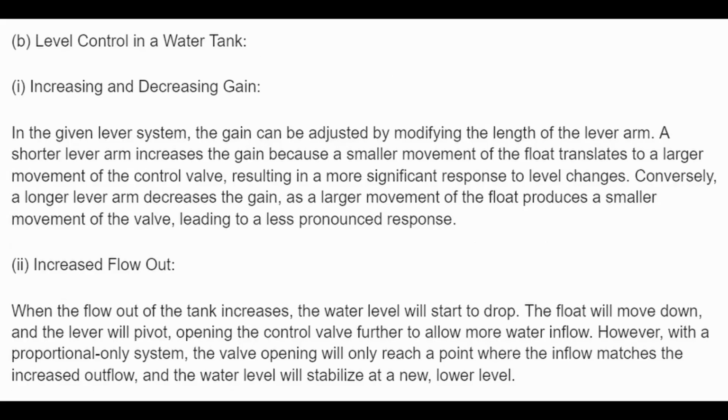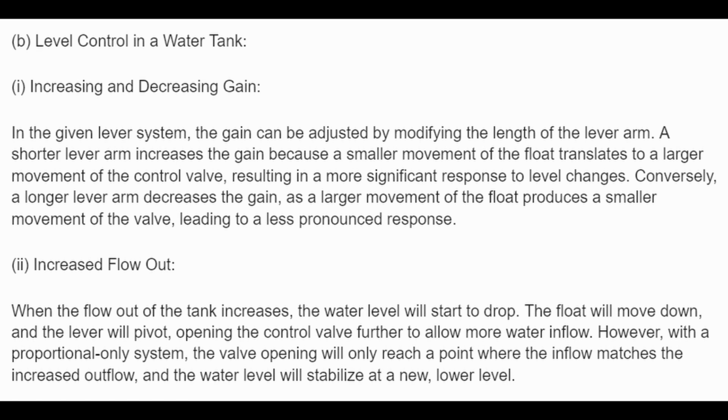B. Level control in a water tank. 1. Increasing and decreasing gain. In the given lever system, the gain can be adjusted by modifying the length of the lever arm.